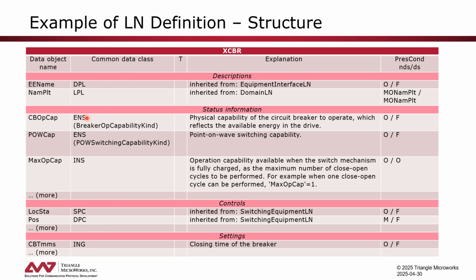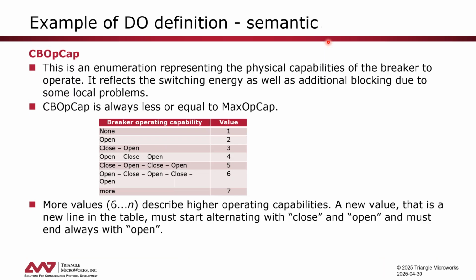If it's enumerated values, an enumerated common data class, we also give a link to the type that defines the enumeration. We have the explanation of the data object, and an indication whether the object is mandatory, optional, or there under certain conditions. For the data object, we then have a detailed definition of the semantic.